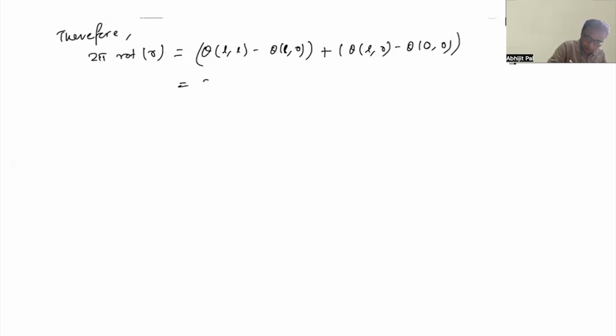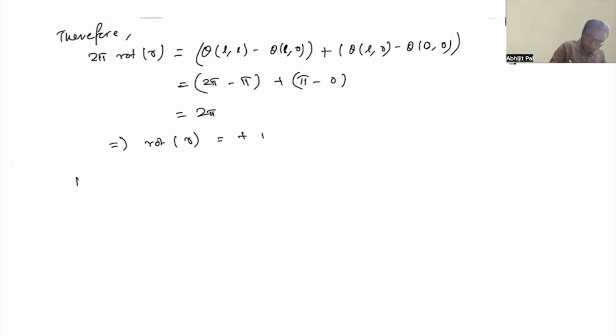So this is equal to 2 pi minus pi plus pi minus 0, which is equal to 2 pi. So this implies that the rotation index of gamma is equal to plus 1.